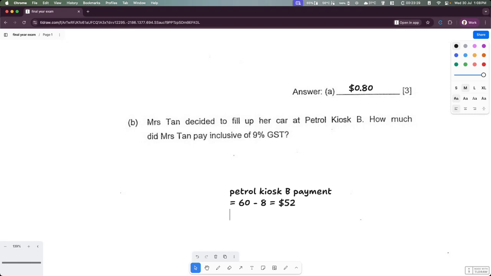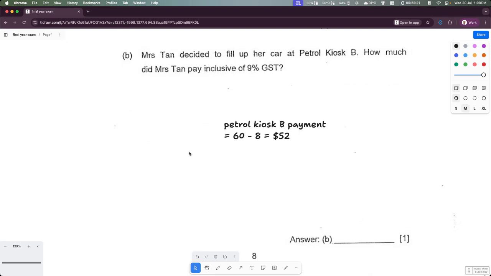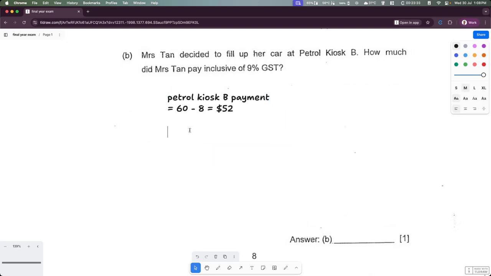So if I were to write it down, GST is equal to 9%, so that means total plus GST is equal to 109%. So that means paid is equal to $52 times 109%. Why is it 109%?